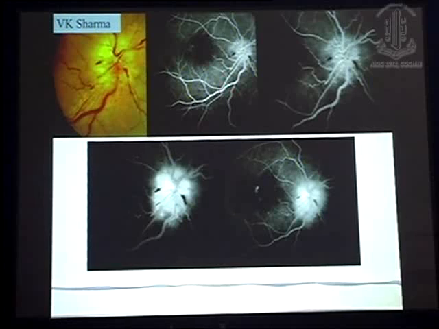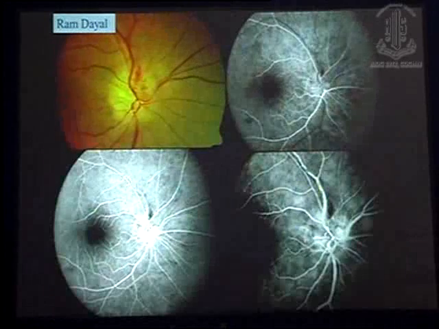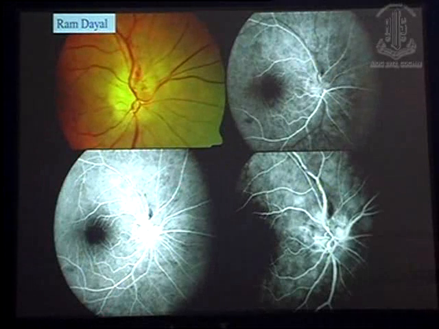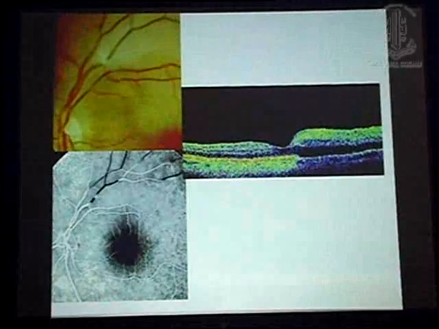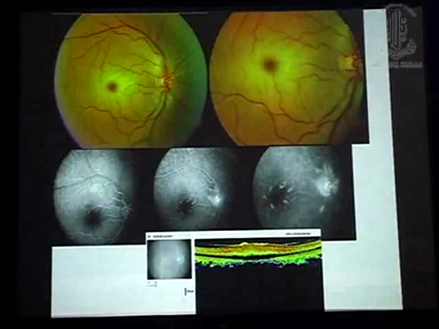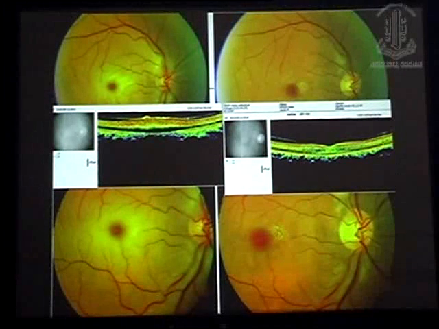So if you have a sectorial hypofluorescence, you are dealing with an ischemic pathology, something of AION. Another example of AION, where you have a hypofluorescent disc here and hyper in the rest of the disc. This I'll skip because this is a typical patient of CRA.